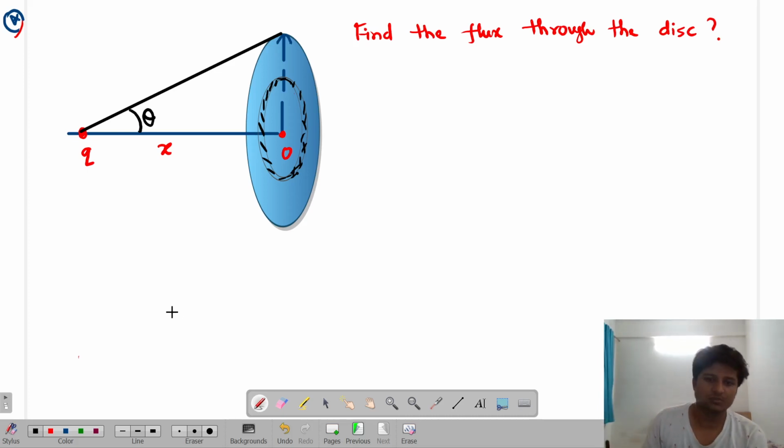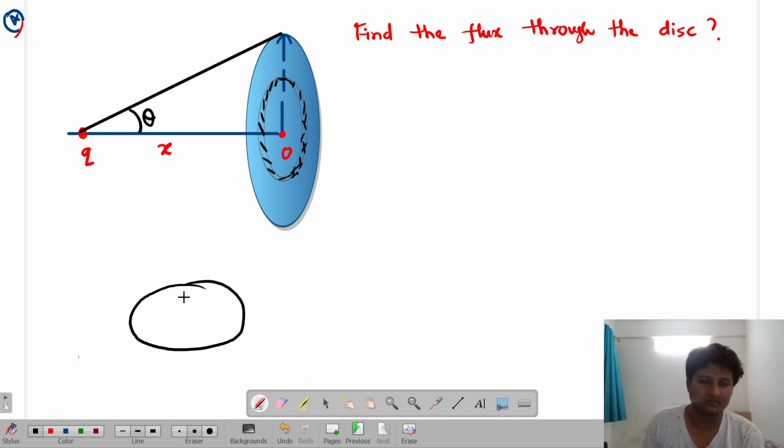Point is that for a ring, it is very easy to write the flux because the area of the ring is very small. The area of the ring is already known, isn't it? And if I can find the flux through this ring, then I can just integrate it over the whole disk because a disk is made up of infinite rings, isn't it?